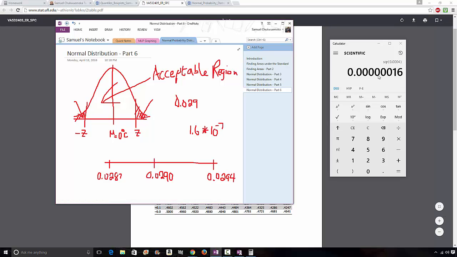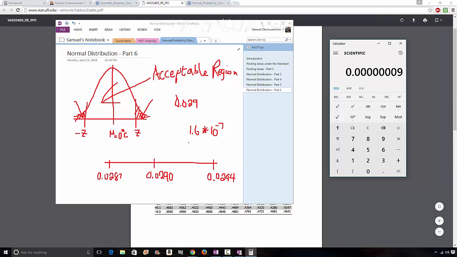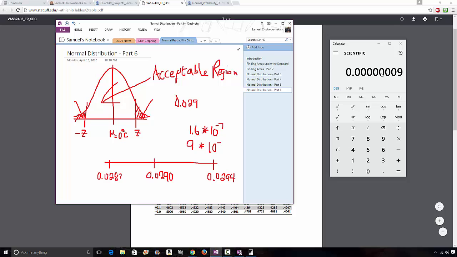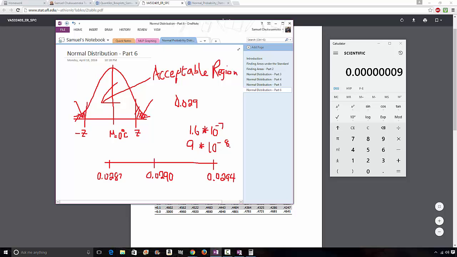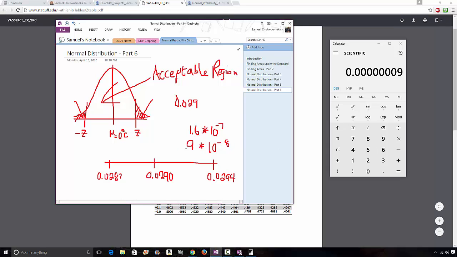And this one, recalling memory, gives me 9 times 10 to the power negative 8. So which one is the closest? This is the closest right here. This is the smallest distance.